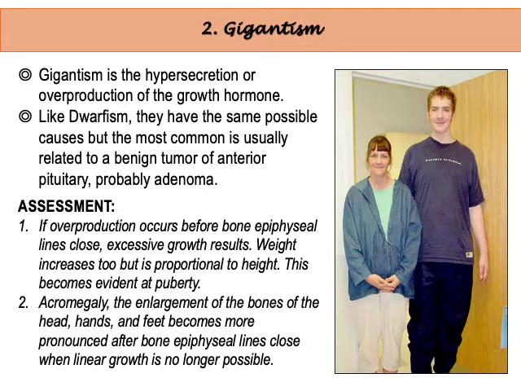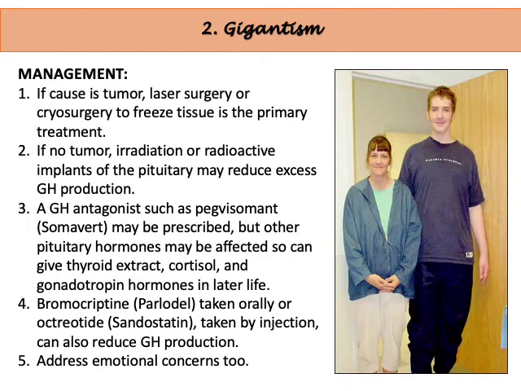It's the enlargement of the bones of the head, hands, and the feet. This is when bone epiphyses have closed, when linear growth is no longer possible. If the condition remains untreated, a child may reach a height of more than 8 feet.